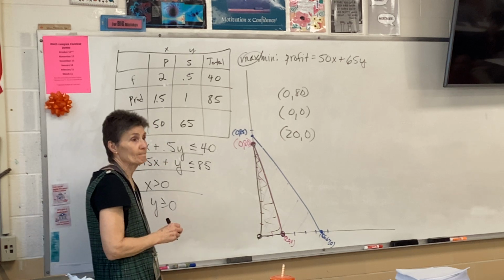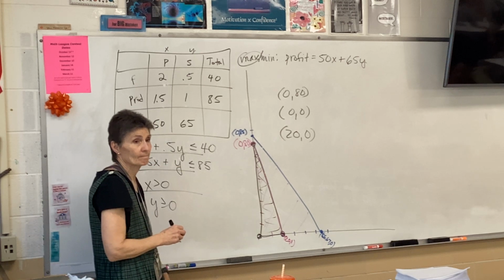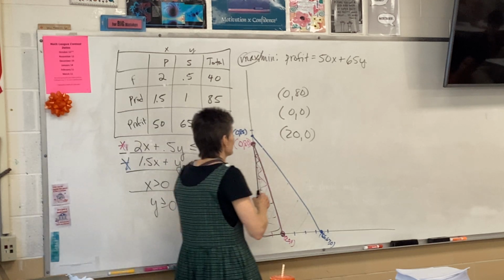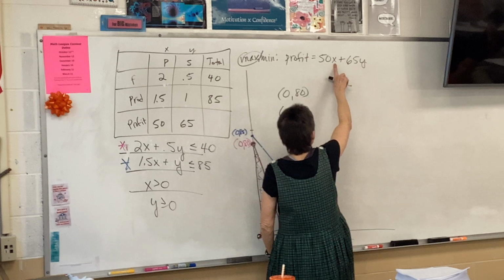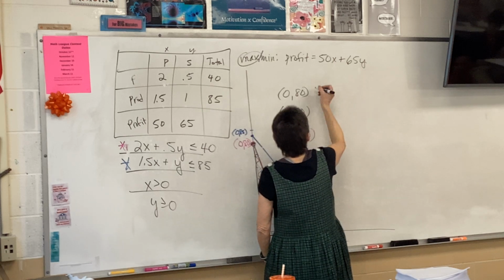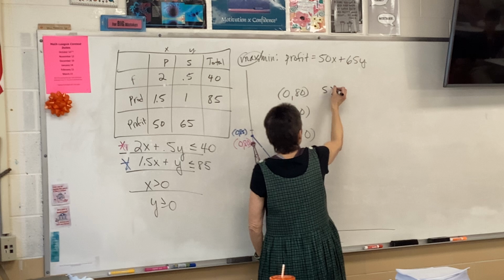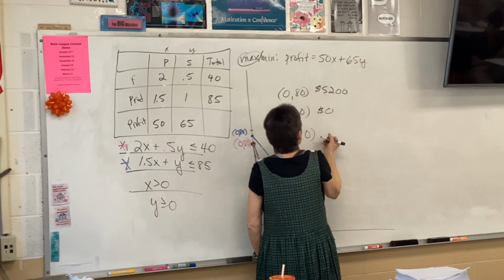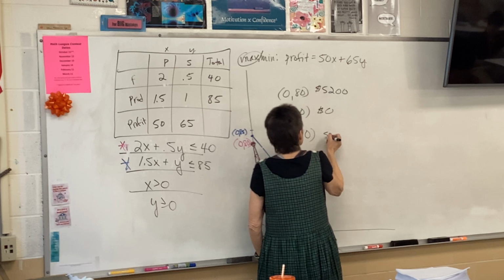So now what do I do? So 0, 80, what is that? 5,200? And of course 0, 0, 0. And what is this one?